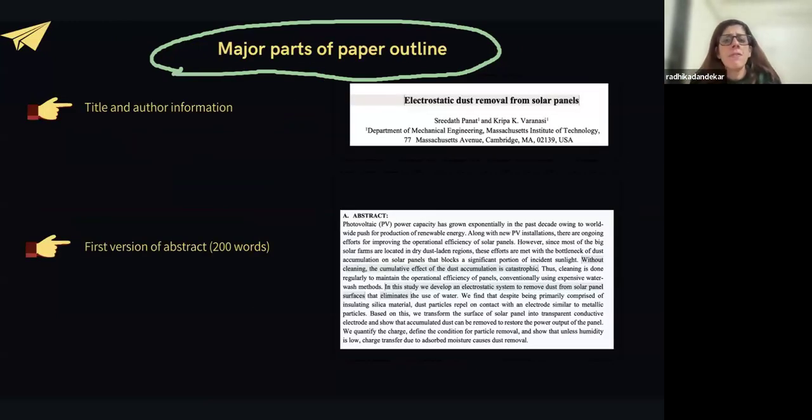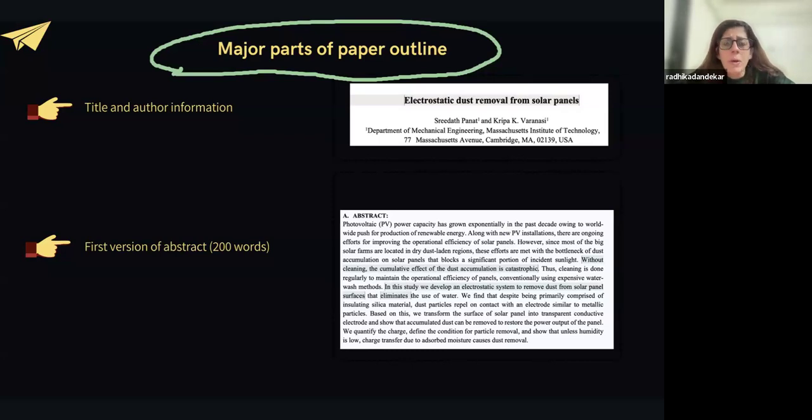The first part of the paper outline is the title. Now the title is generally 12 to 13 words. It shouldn't be more than that or less than that, and it should give you a complete insight into what your paper is going to be about. If it is a review paper, it's very important to mention in the title that this is a review paper.